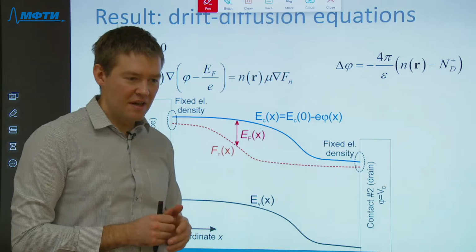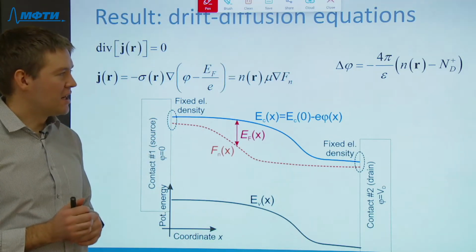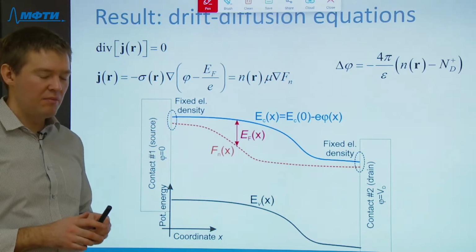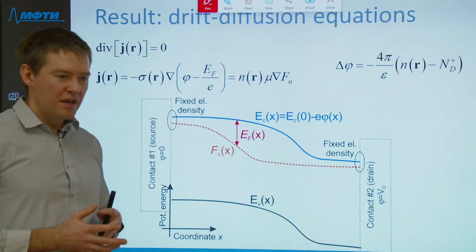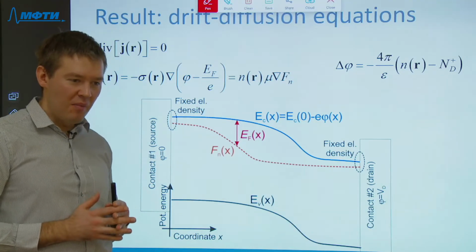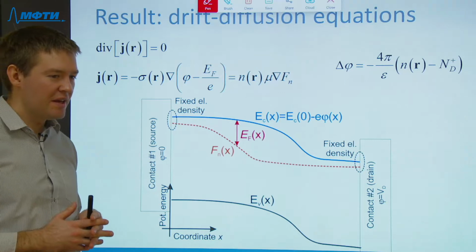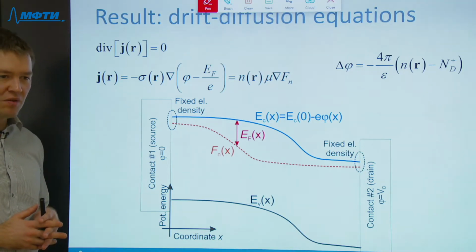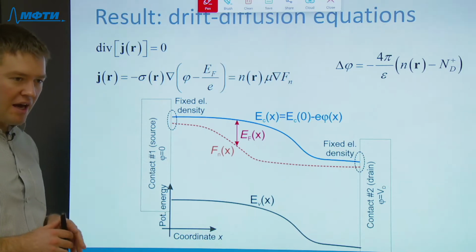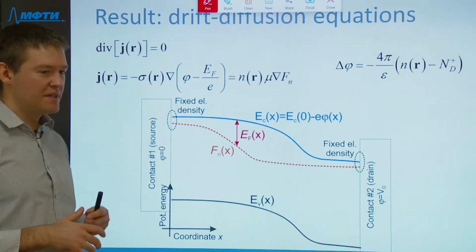Of course, you can try to solve it trivially with some boundary conditions, but you should also keep some figure in mind when trying to simulate the transport in any semiconductor device. This picture is the so-called band diagram. I have already tried to explain what the band diagram is.